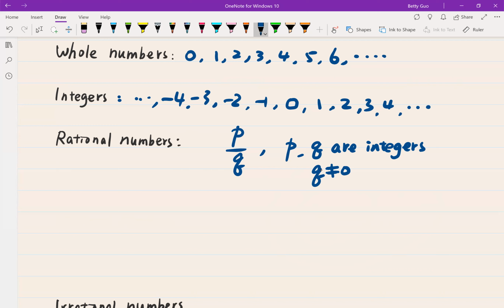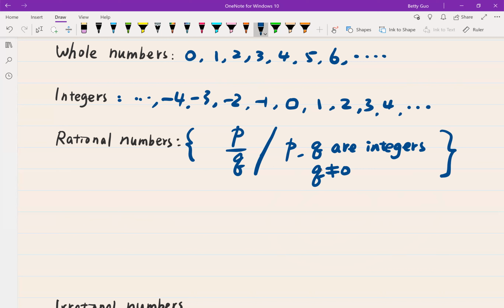So this is the definition for rational number. Any number which can be written in the form of P over Q, where P and Q are both integers. The denominator, integer Q, is non-zero. In other words, any number which can be written as a quotient of two integers is a rational number. All the rational numbers put together make a set.